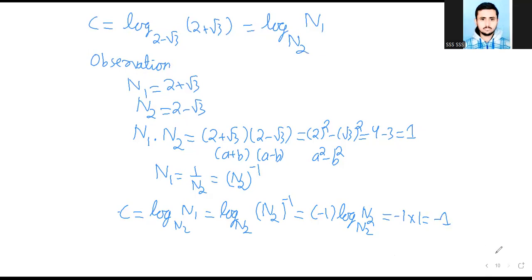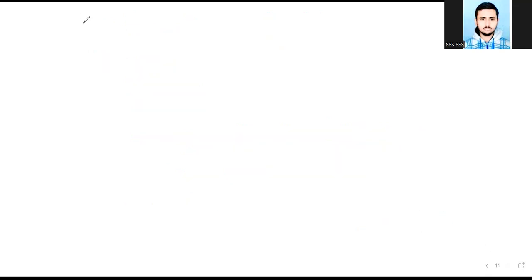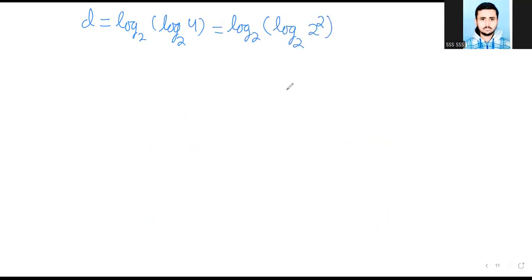Now let's check the last portion. So the value of d should be log of base 2 of log of base 2 of 4. So you get log of base 2, argument log of base 2 of 4. 4 can be written as 2 raised to the power 2.